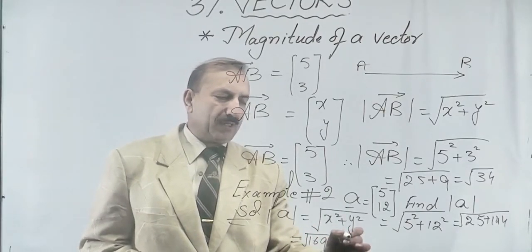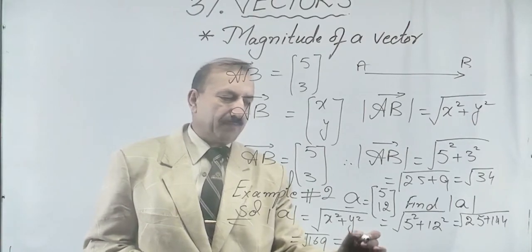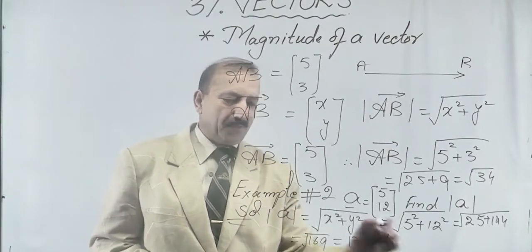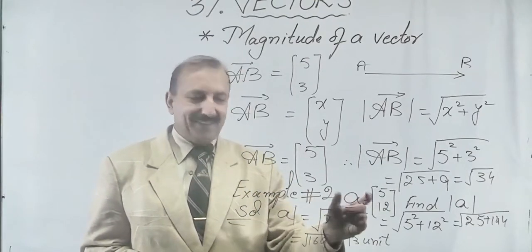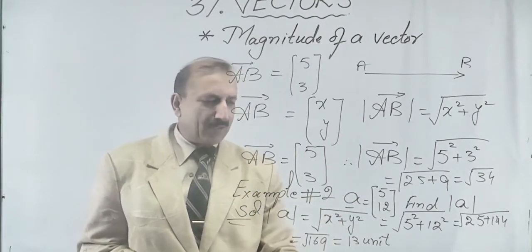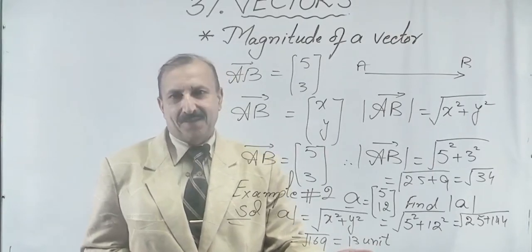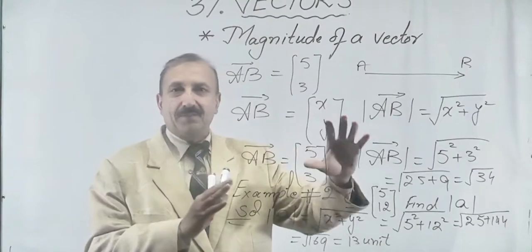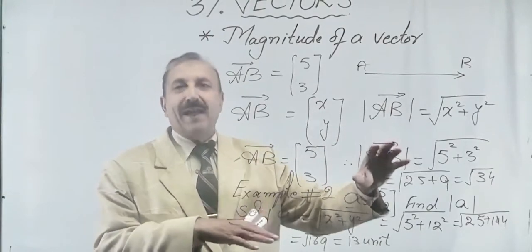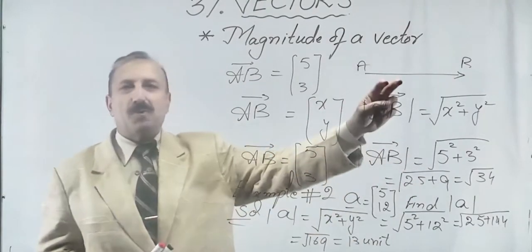And the square root of 169 is 13 units. So the magnitude of the vector A, through this formula, we got 13 units. So my dear students, this is the basic method, formula and technique to find the magnitude of any vector.